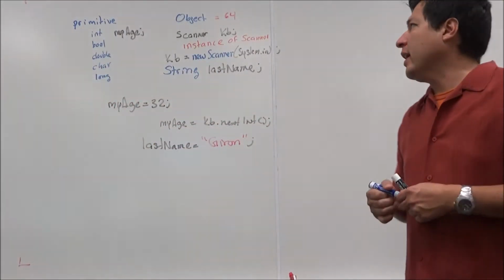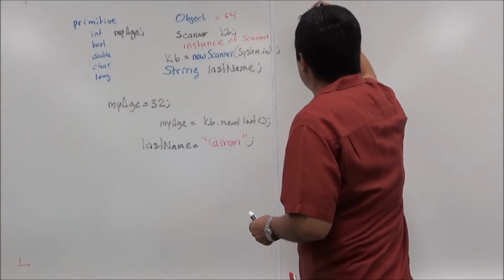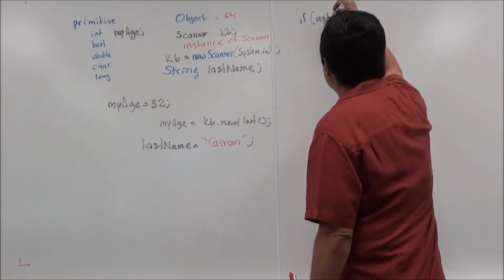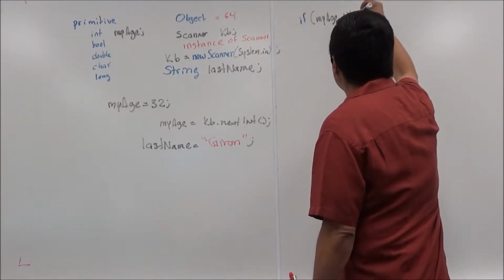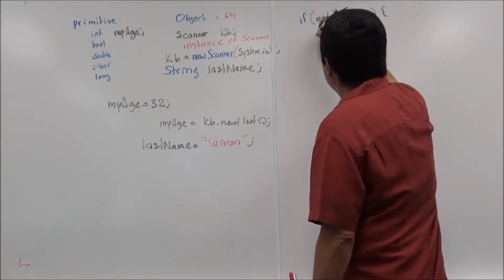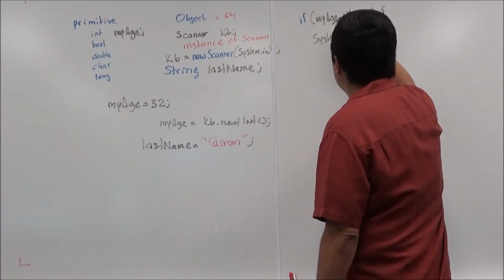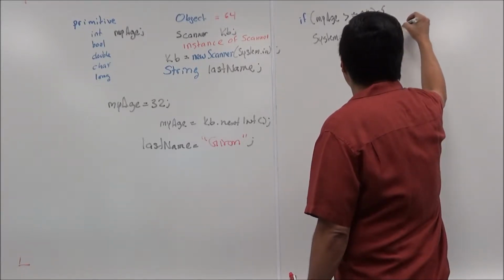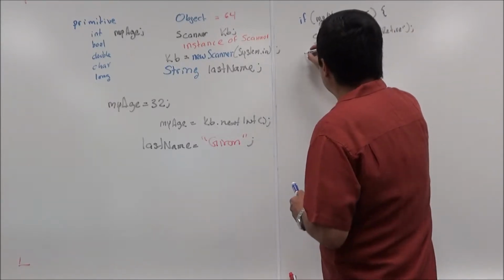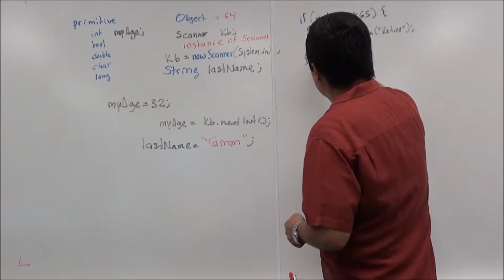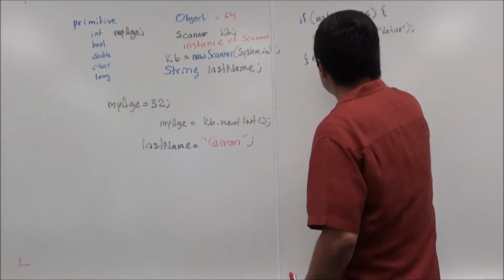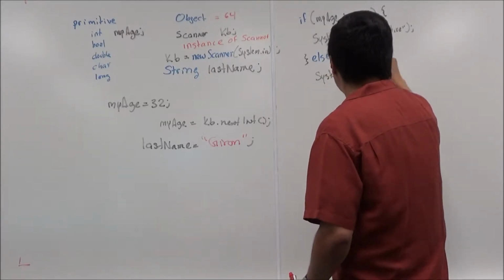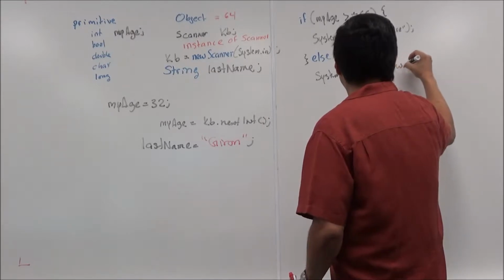So I think we did the example of an if statement, right? That says if your age is greater than or equal to 65, you can say you can retire, right, or something, and otherwise keep working, right?